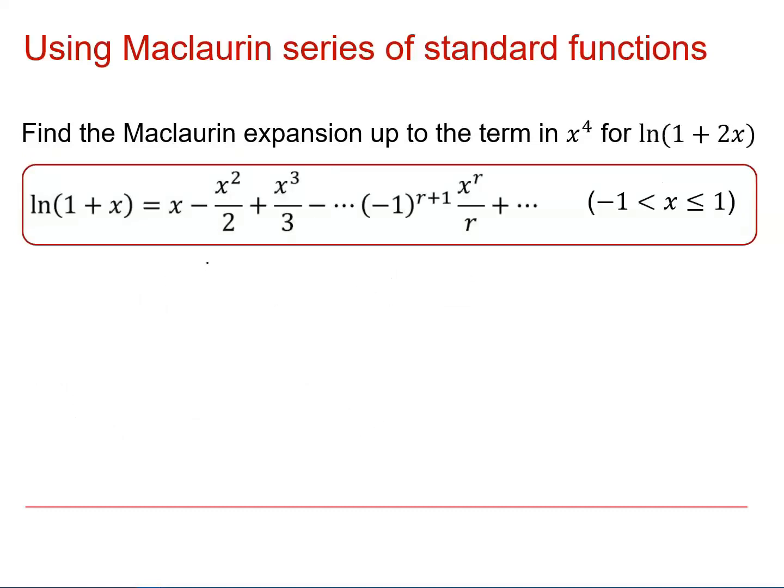Second example then, let's find the Maclaurin expansion up to the term in x to the 4 for the log of 1 plus 2x, and I've been given here log of 1 plus x to remind me. So let's have a look at the log of 1 plus 2x, and again think about what you've got here. You've just got a little blob that we're going to put in place of the x in here.